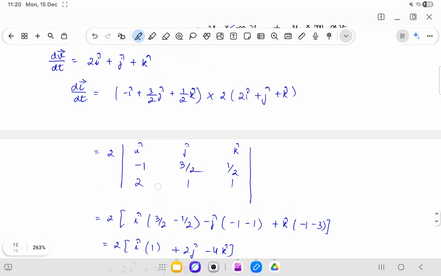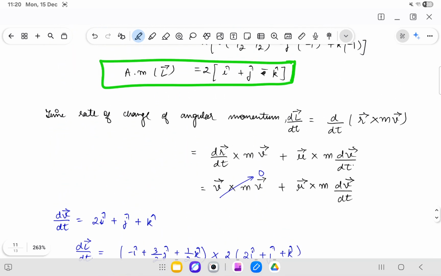That's the rate of change of angular momentum.